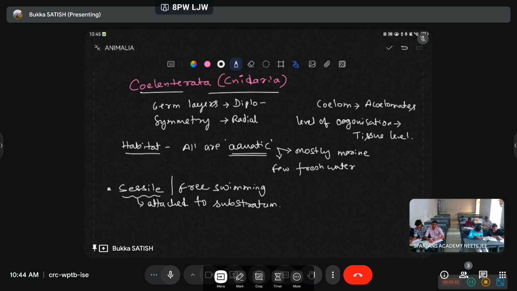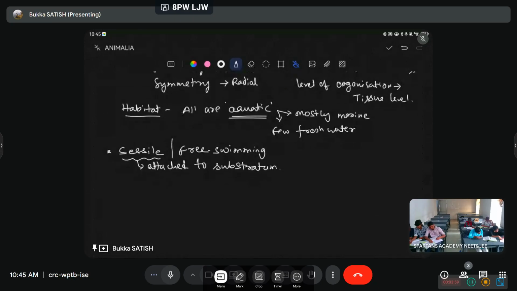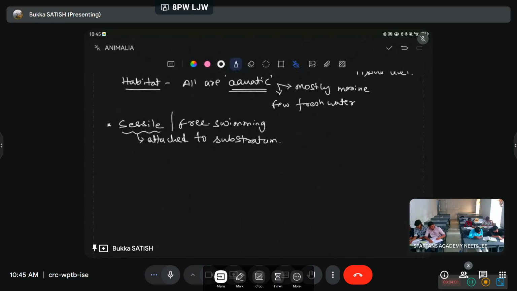So sessile is attached to the substratum, or there are free swimming forms too. Right.